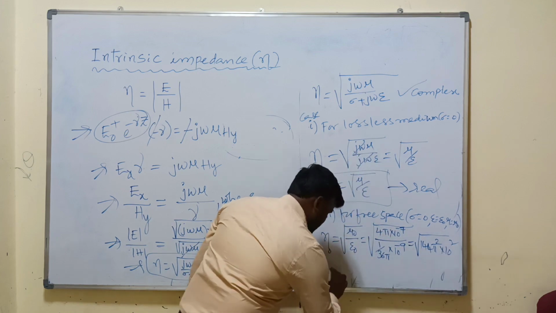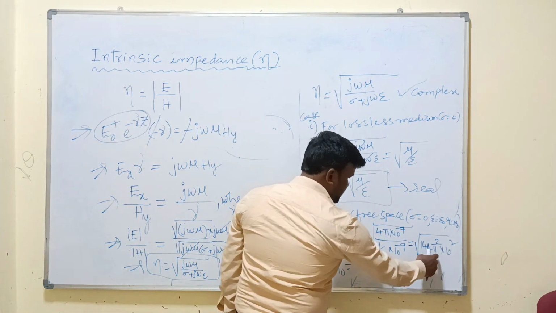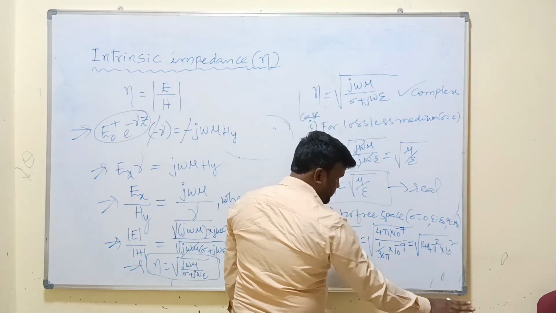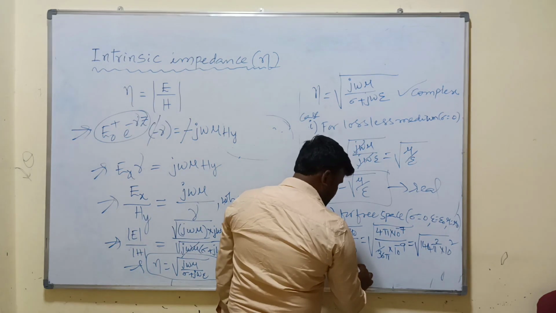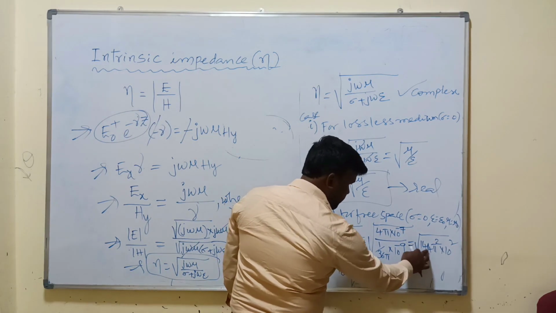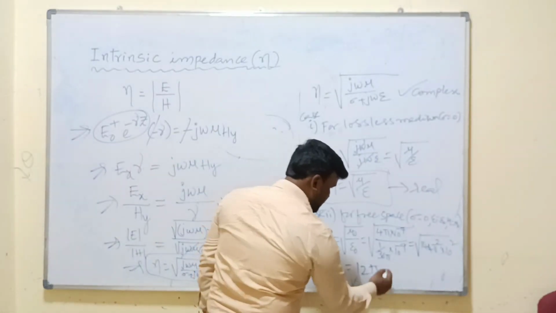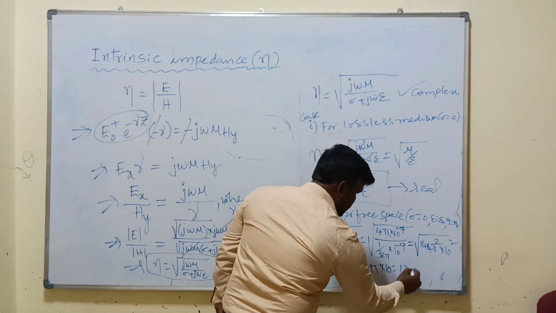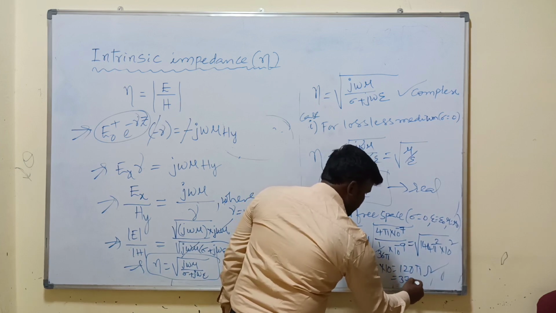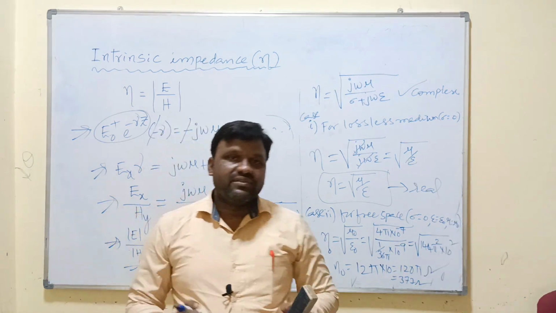If you simplify that, root of 144 is 12, so 12 pi into 10, that equals 120 pi ohms, or else it is equal to 377 ohms.